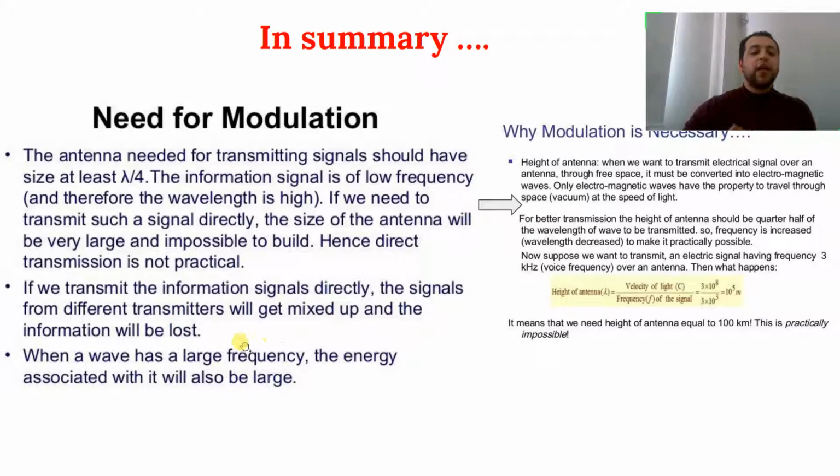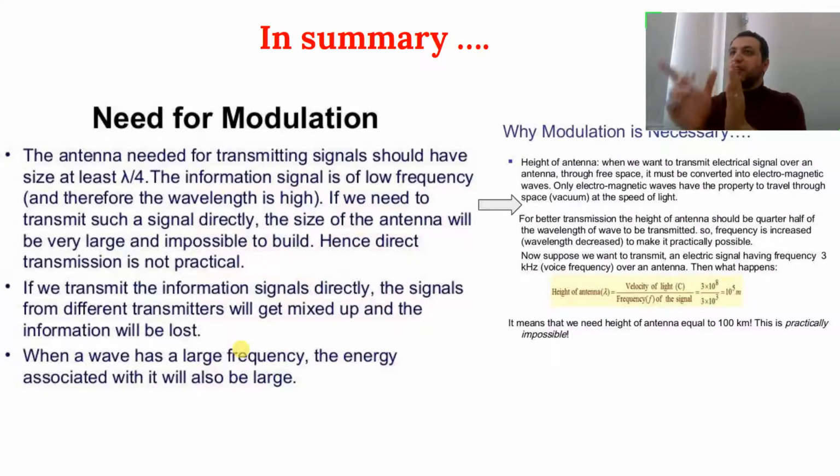Second, if we transmit the information signals directly, the signals from different transmitters will get mixed up and the information will be lost. As I told you, if you generate a signal and you generate a signal and he generates a signal, all of you send together without assigning a specific frequency to each person, all of you will be on top of each other talking on the same frequency, and you will create interference, and therefore nobody will understand anybody and the communication will not be effective.